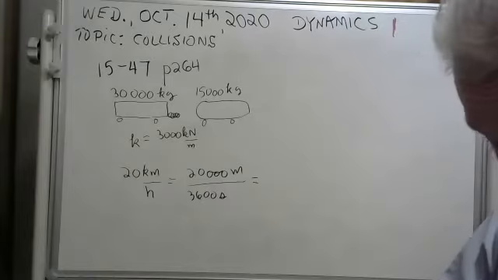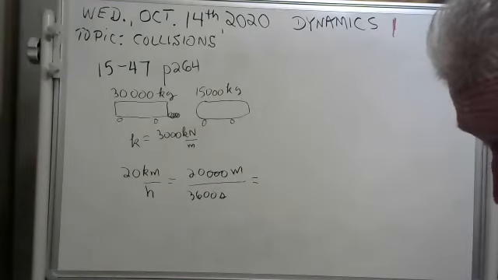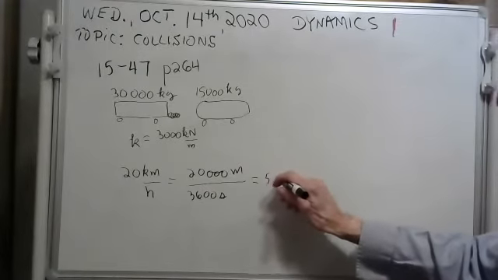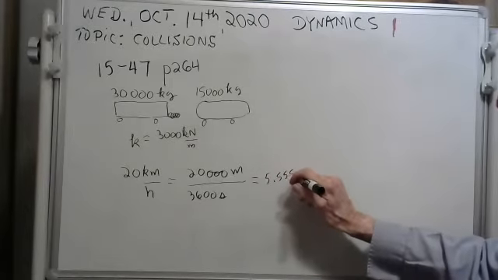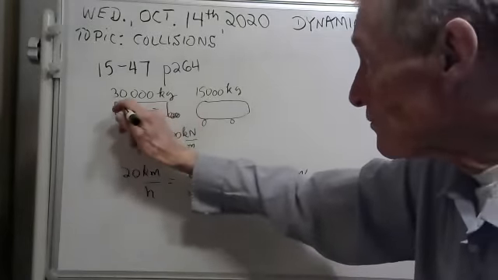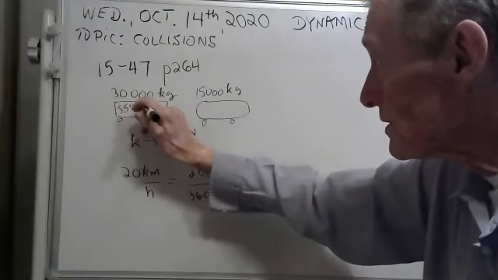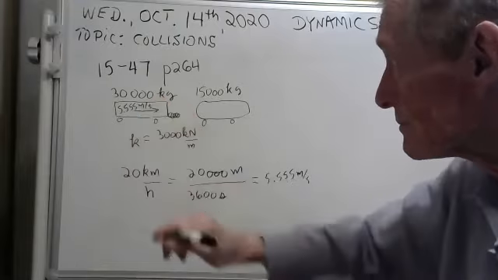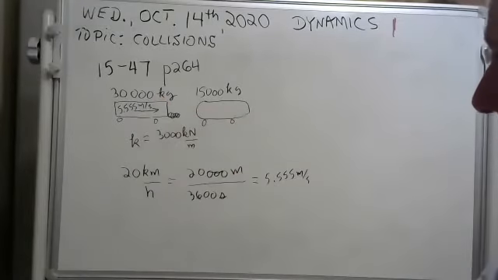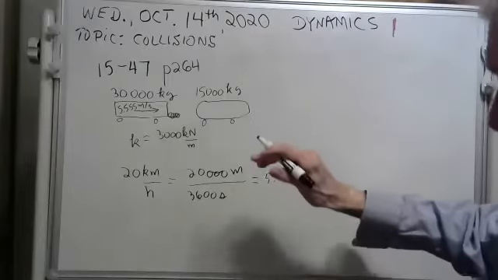So that boxcar is going 20,000 divided by 3,600. It's going 5.55, a bunch of fives, meters per second. It's going this way. Now let's do this tank car. Now it's going 10 kilometers per hour.